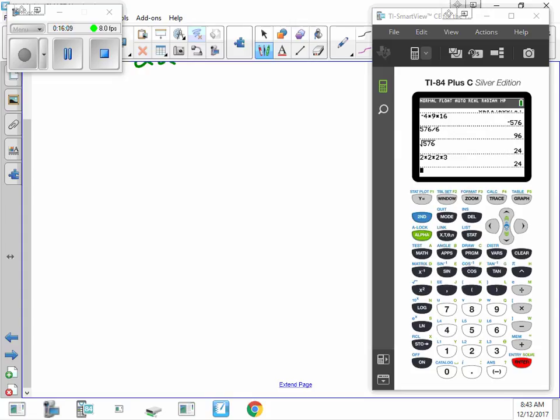Take a look at numbers 3, 4, and 5. I'm on page 249.